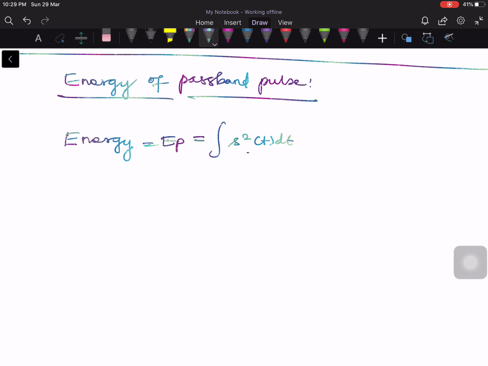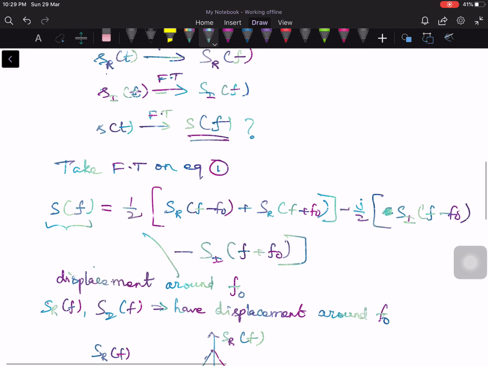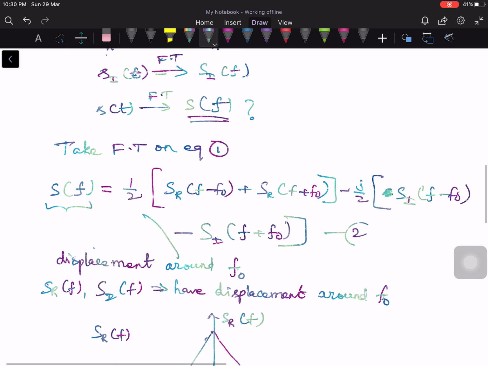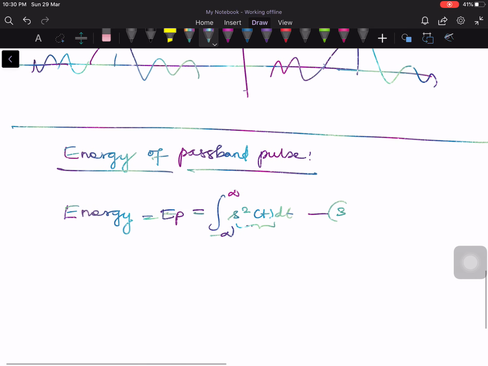We did not take any modulus here, no modulus operation. The reason is it's a real signal and the range is from minus infinity to plus infinity. Let me recall what the equation number is. So that is 1. Let me say this is equation number 2. Maybe I can call this equation number 3.